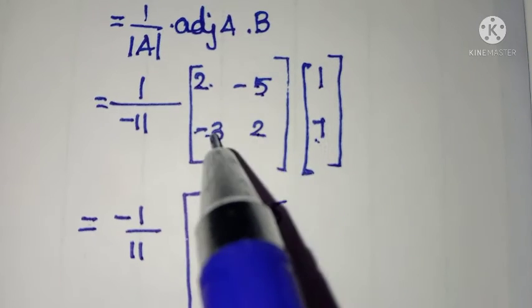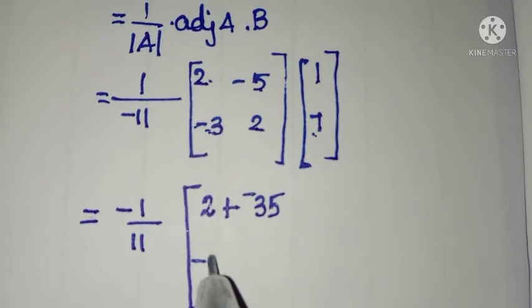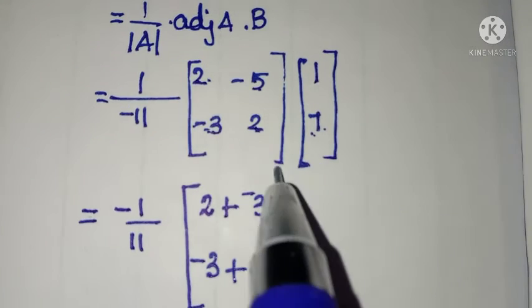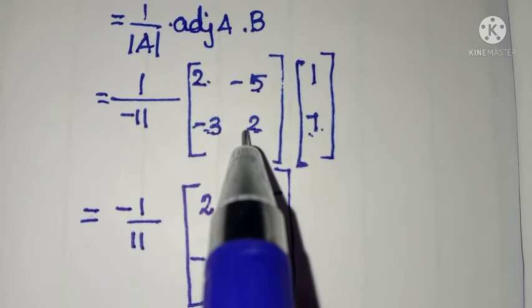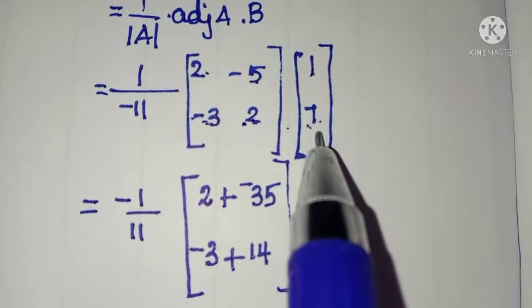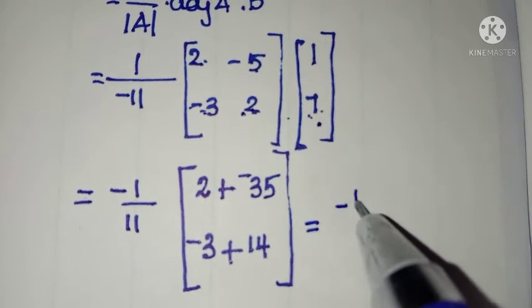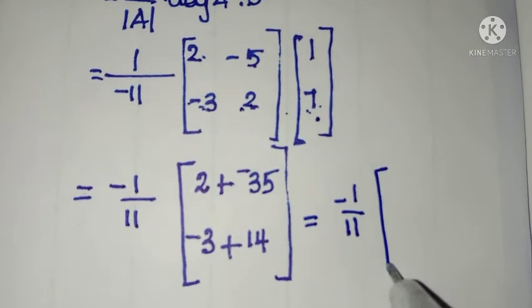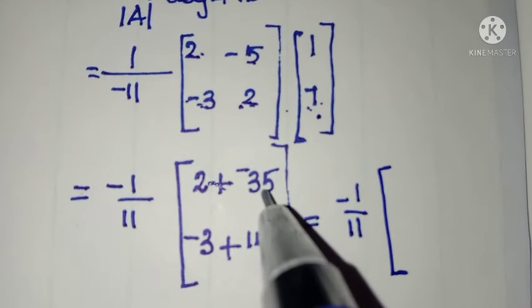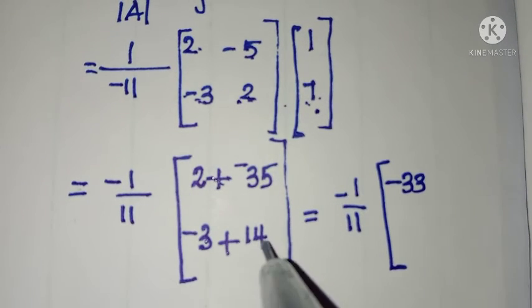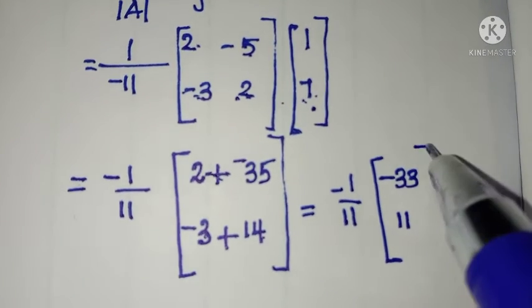Now next row, minus 3 into 1, minus 3, plus 2 into 7, 14. So a 2 by 2 matrix into a column matrix gives another column matrix. So this is negative 1 by 11 into 2 minus 35, that is negative 33, minus 3 plus 14, 11.